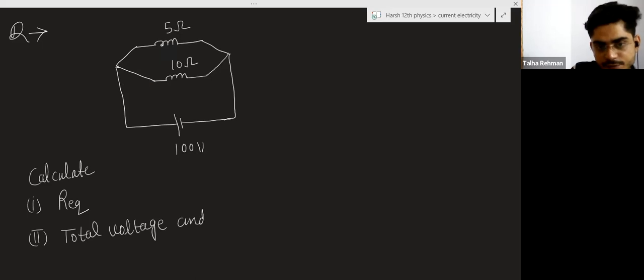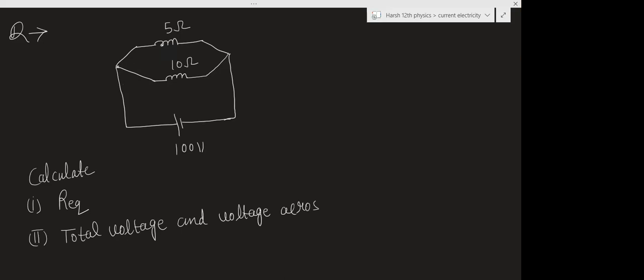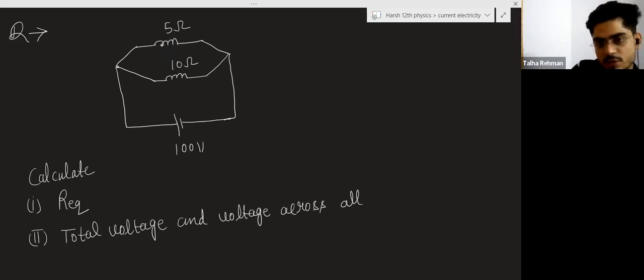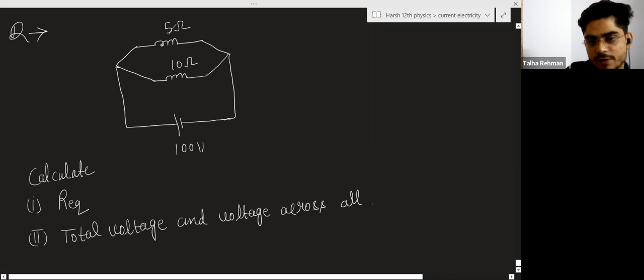And voltage across all resistors. All means two resistors we have.